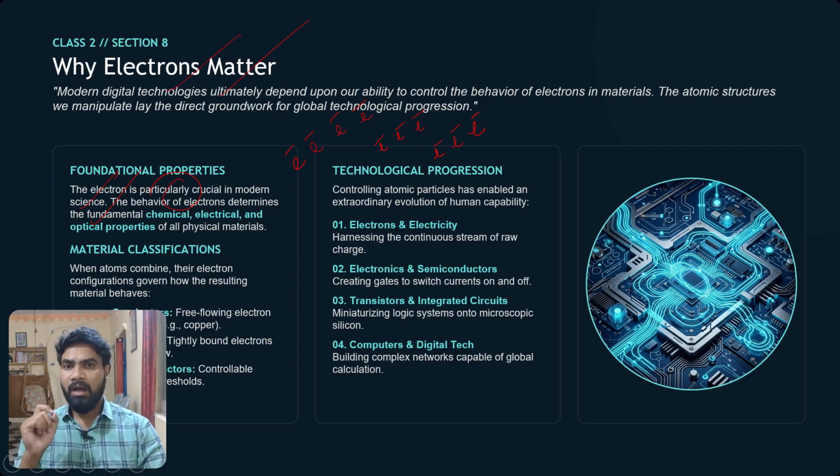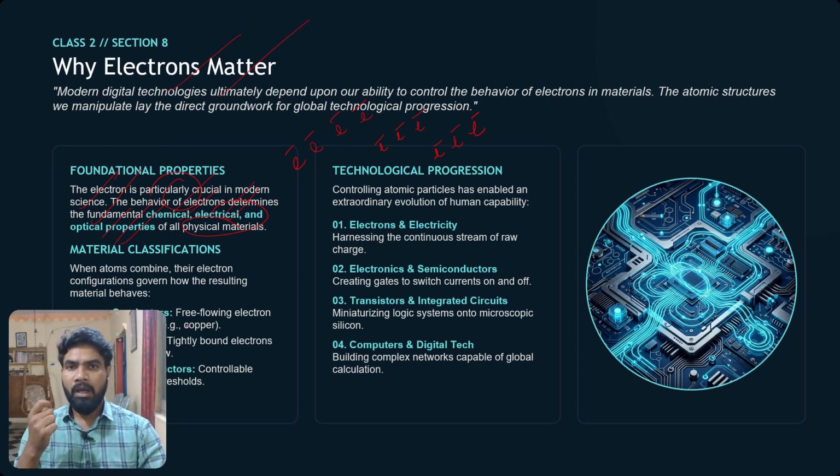The behavior of electrons determines the fundamental chemical, electrical, and optical properties of all physical materials. What are those behaviors? Chemical behavior, electrical behavior, and optical properties of matter will be decided by the electrons.